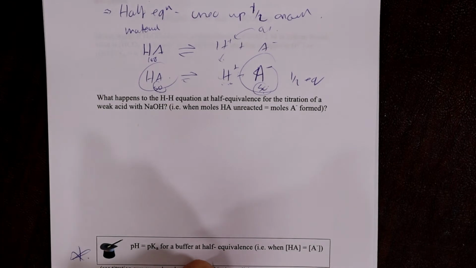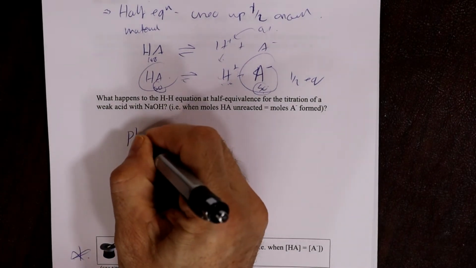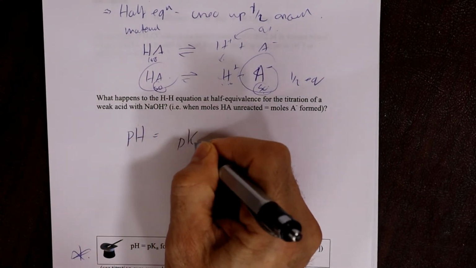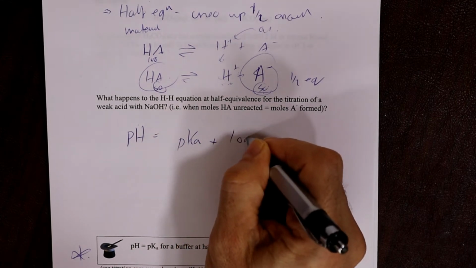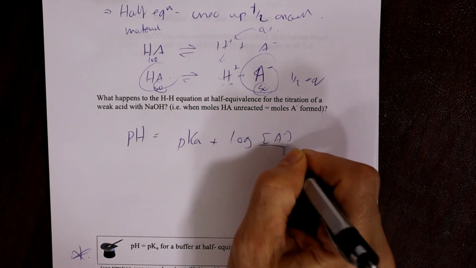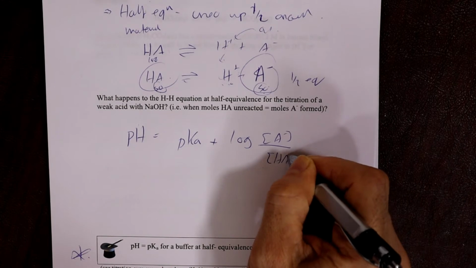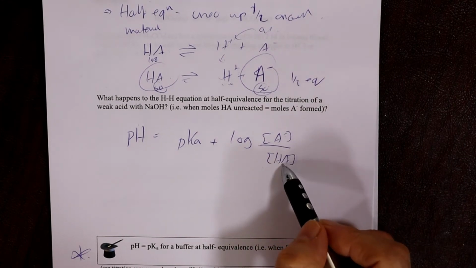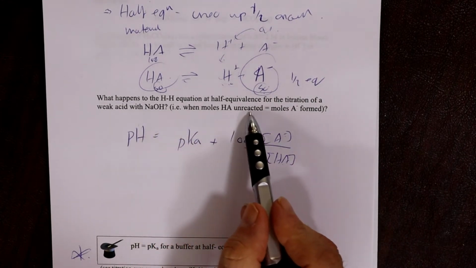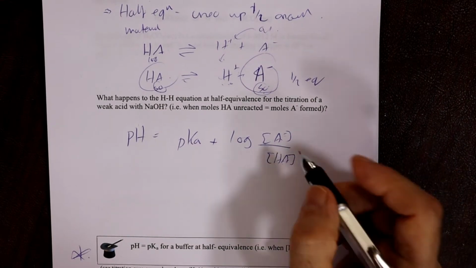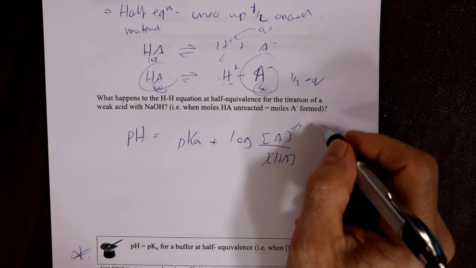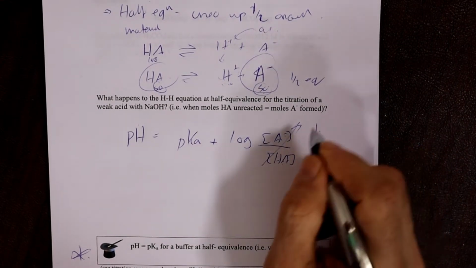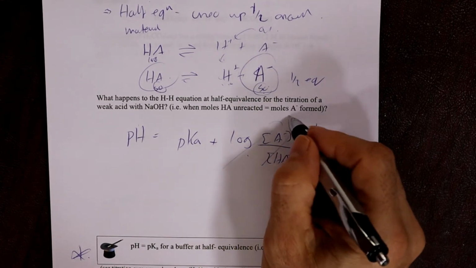If we look at the Henderson-Hasselbalch equation, pH is pKa plus log A minus over HA. Because these are equal numbers at half equivalents, 50 and 50, whatever it is, that ratio tends to 1, so log of 1 is 0.